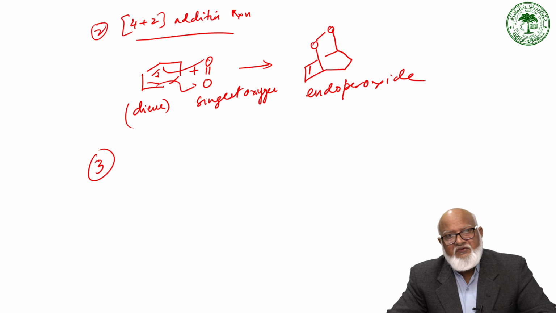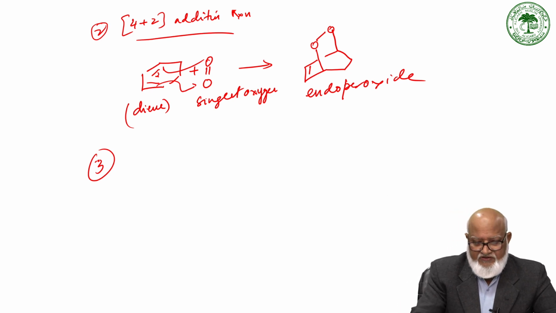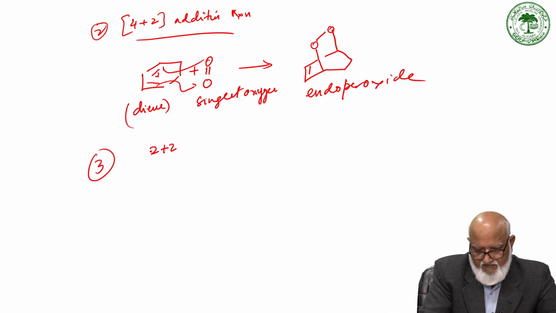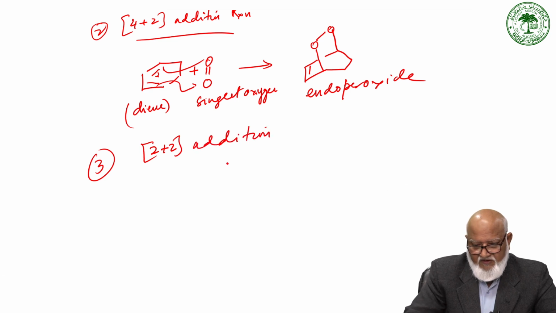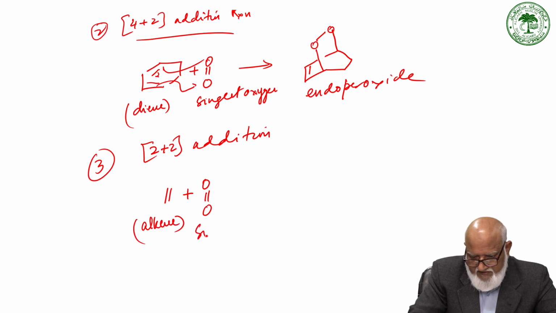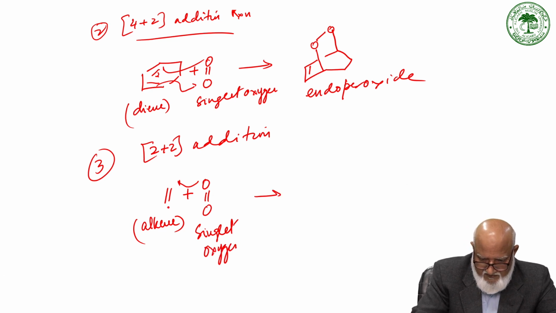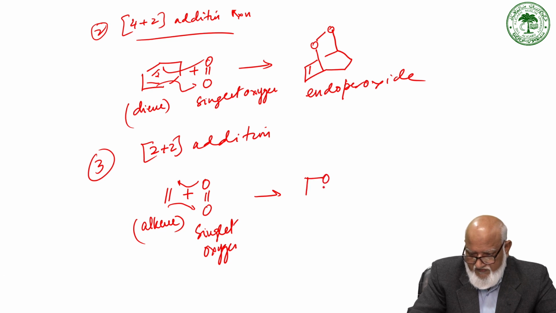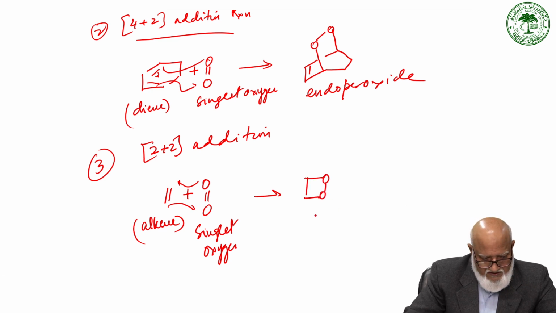The third type of reaction reported with respect to singlet oxygen is the 2+2 addition. If you have an alkene plus singlet oxygen, it adds in a 2+2 addition to give a dioxetane.